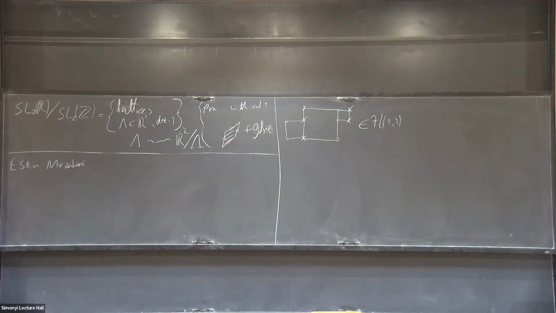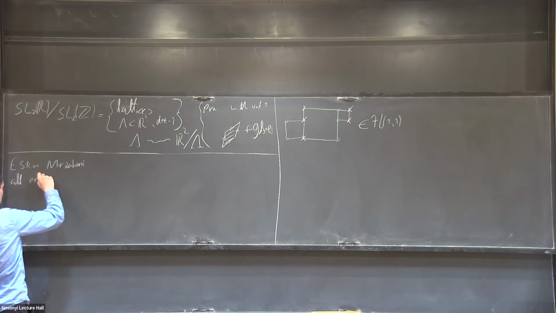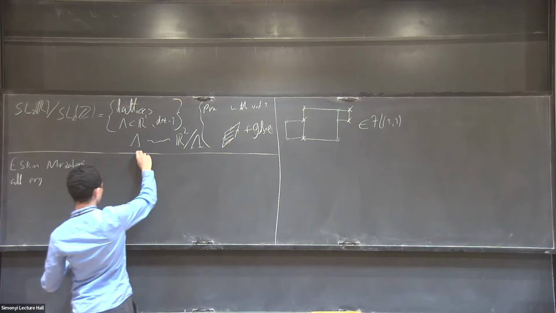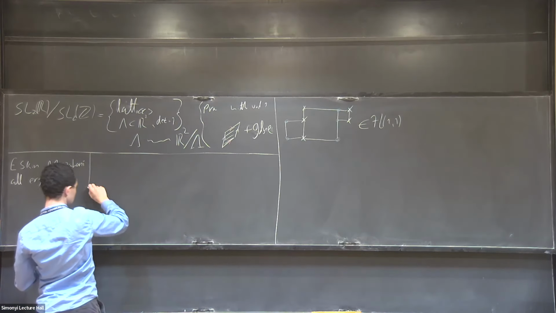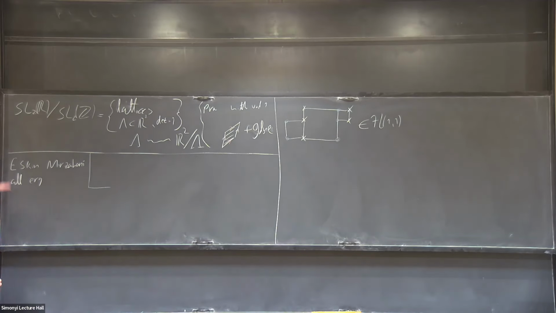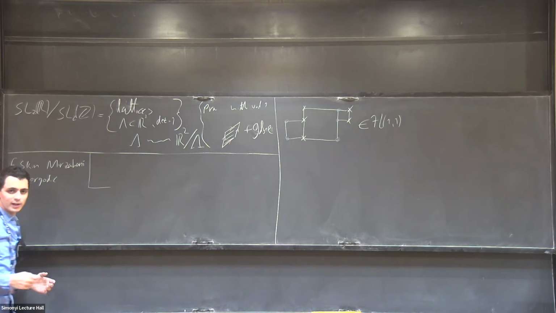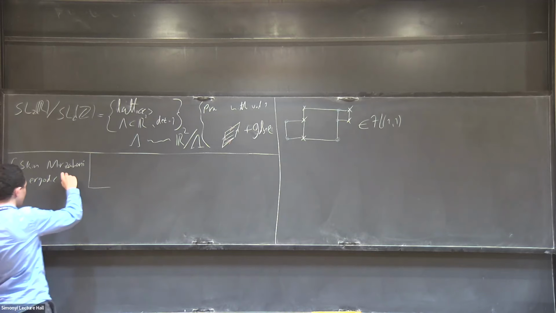They more or less classified invariant measures, and they show that all... maybe that's not the first thing I want to tell you about. Sorry. Okay. So I'll finish my sentence. All ergodic measures, all ergodic invariant measures.